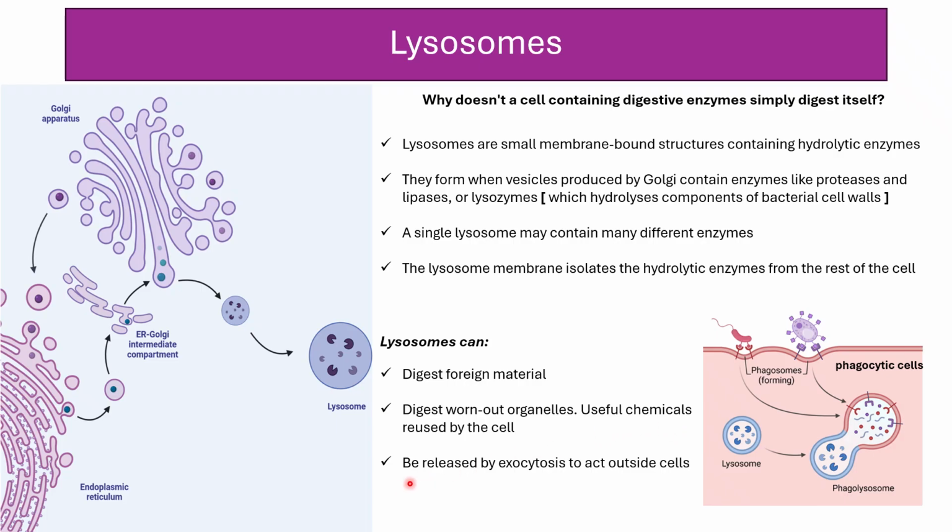Another function of a lysosome is to be released outside the cell through a process called exocytosis. For example, if this lysosome was formed and it has specific enzymes that are needed to, for example, break down some food, then this enzyme needs to be secreted outside the cell.